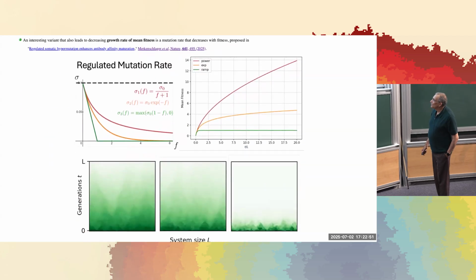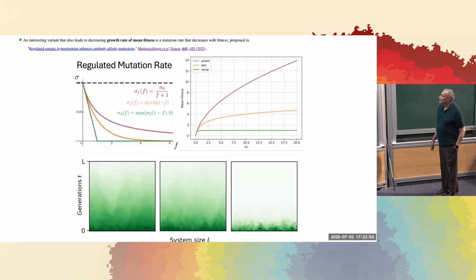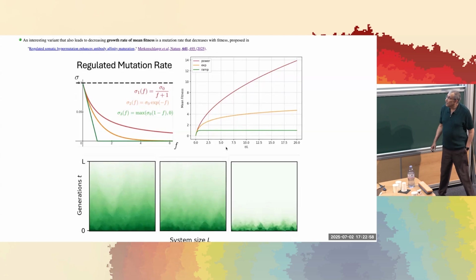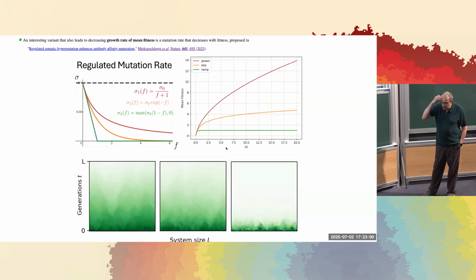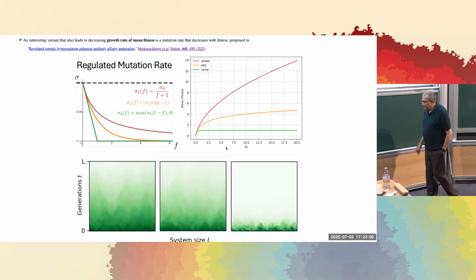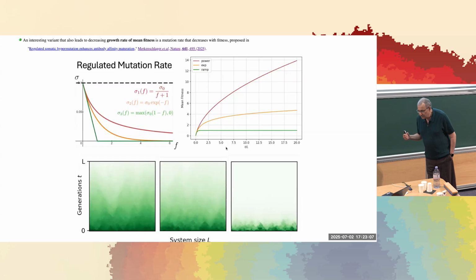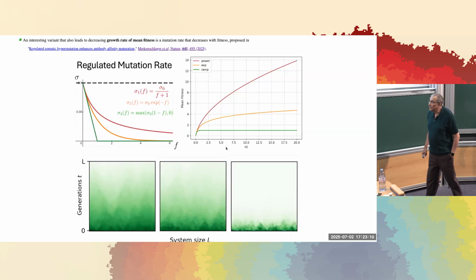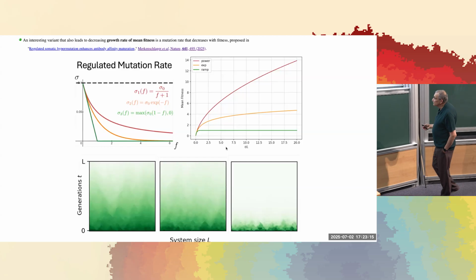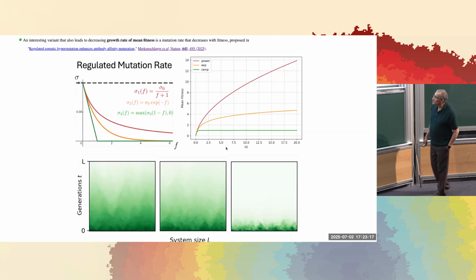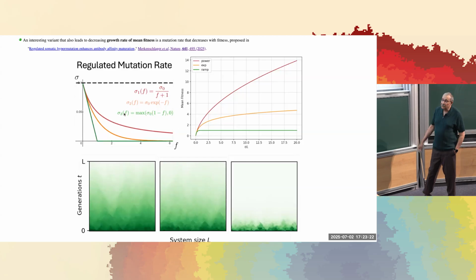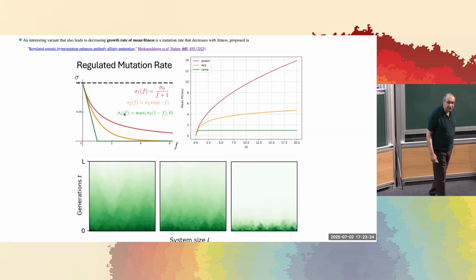So recently we came across this suggestion that as you get more fit, in some cases the mutations that you make become less and less. So rather than changing some trait such as height or width as a function of mutations, maybe one can change the rate of mutation itself as a function of fitness.